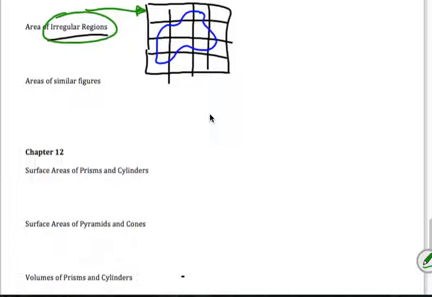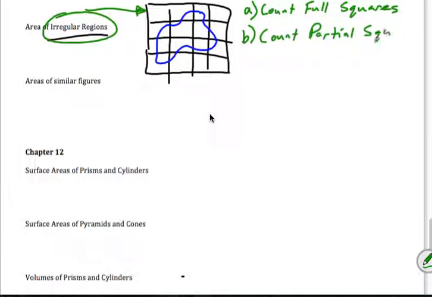Now, what we told you to do is A, count full squares. B, count partial squares. Alright? And that means we need to divide that number by 2.